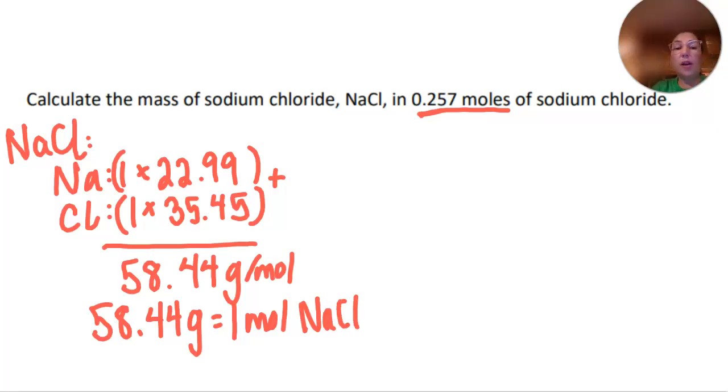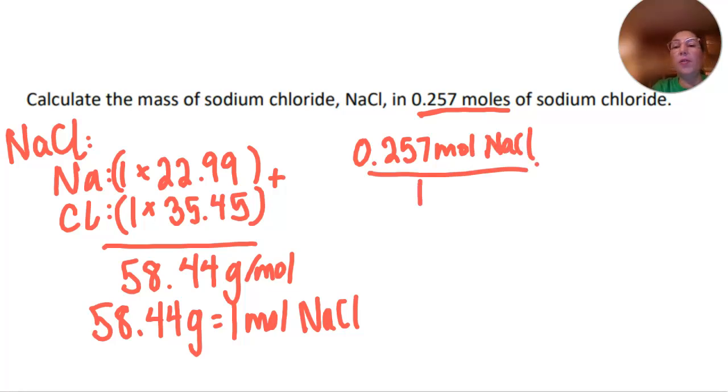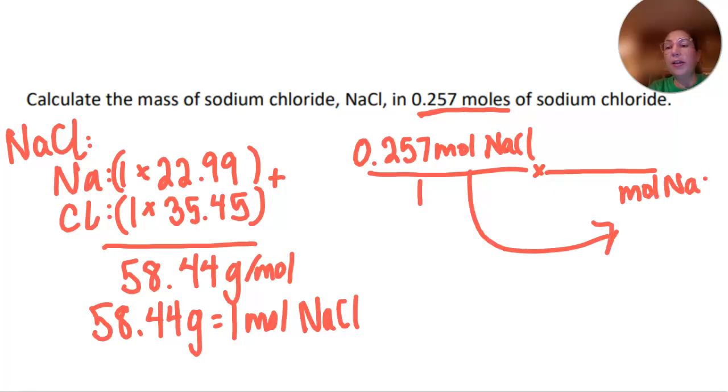Okay, so let's go ahead and use this in our conversion. Our known is 0.257 moles of NaCl. We're going to put that over 1. I like to say that this is on autopilot. I don't think too much about this. I just bring the units down, moles of NaCl, and we want to be in grams. The question says calculate mass, and mass means find me grams of NaCl.